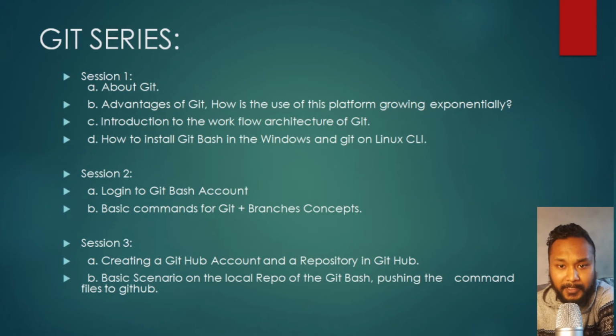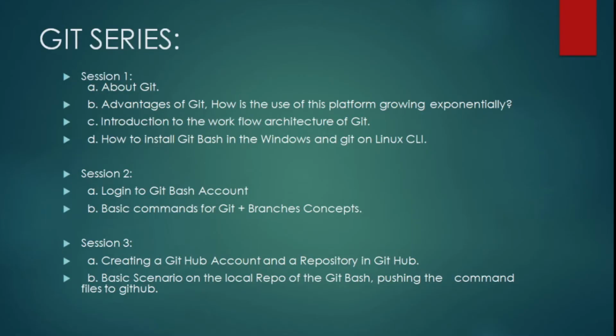Let me take you through a small walkthrough of what we will be learning and discussing in this series of episodes. I've divided the Git series into 5 different episodes. In session 1, which we're going to learn today, I will be talking about what Git is, how it is used, what the advantages of Git are, and how the use of this platform is growing exponentially.